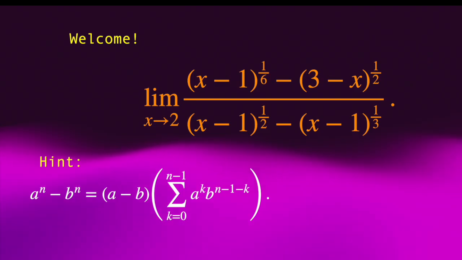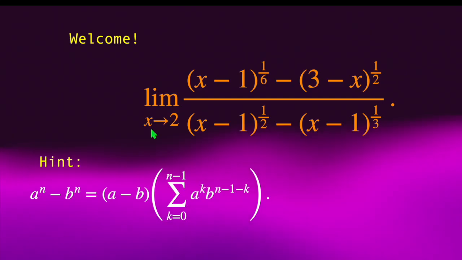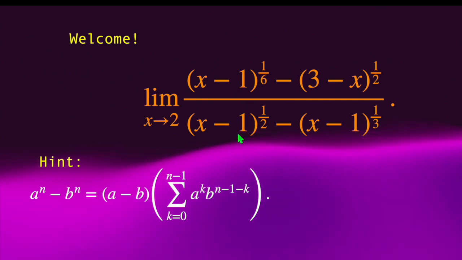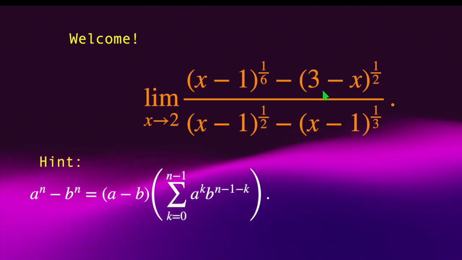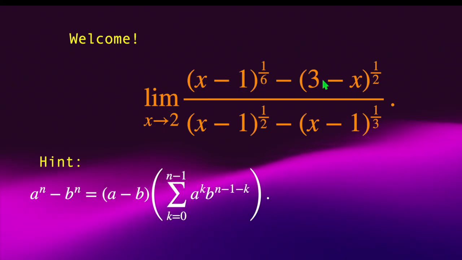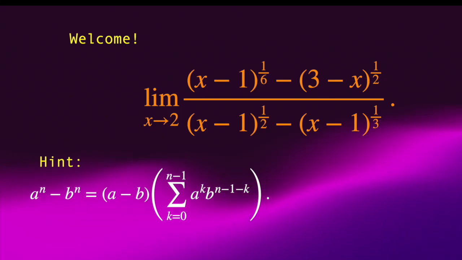And by using this formula, we can write this quantity as a rational fraction, and we will see that the factor x minus 2 will appear, and then it will cancel, and we can compute. So the interesting part is the technique of how to transform an expression like this into a rational fraction.